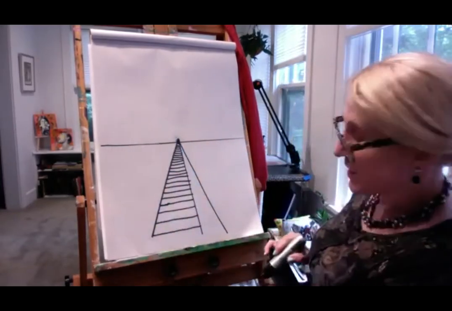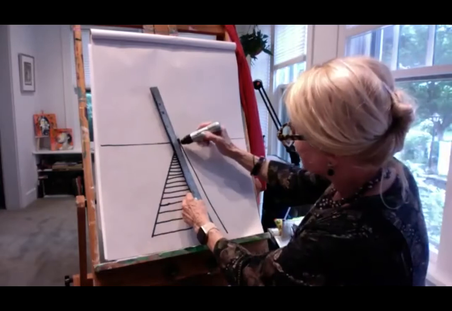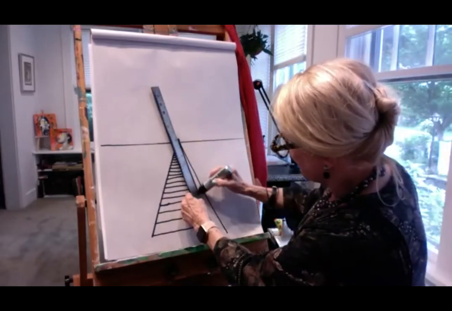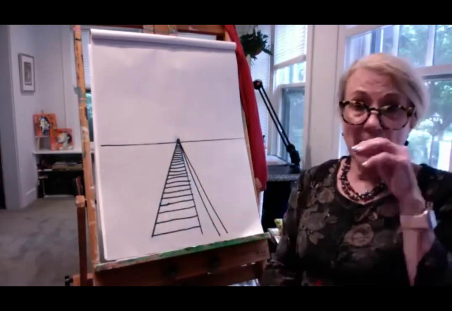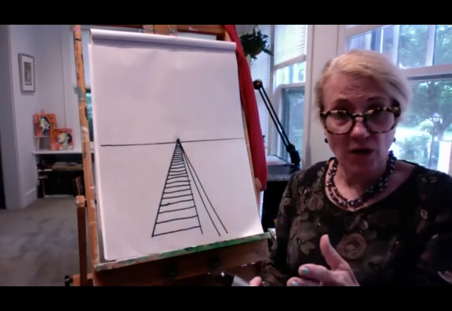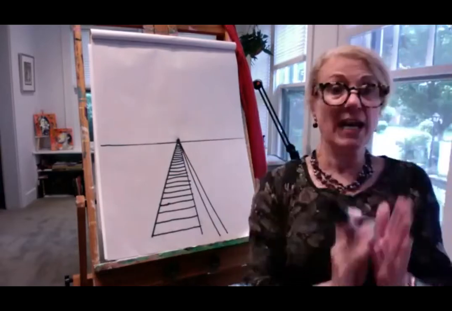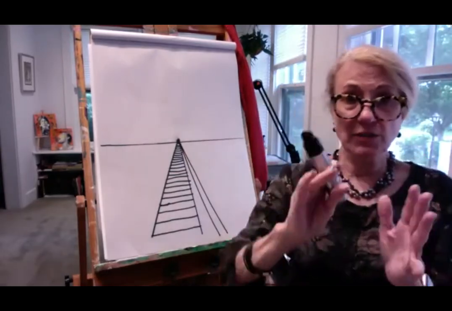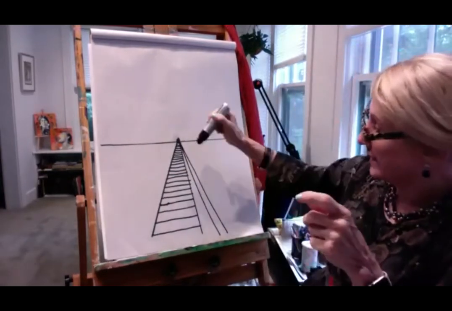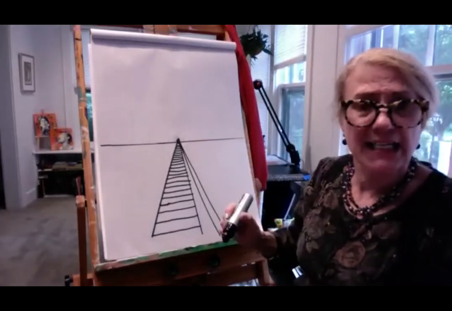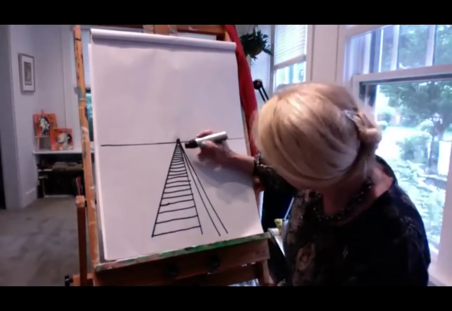And that's going to be the top of the fence railing. And this one's going to be the bottom of the fence railing. Now, everything that is vertical is going to stay vertical. It's not going to bend like these radiating lines from the horizon line.